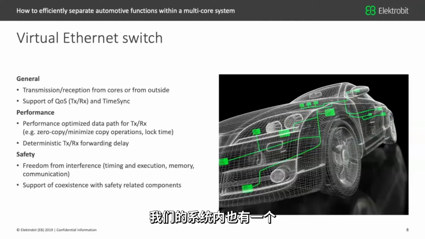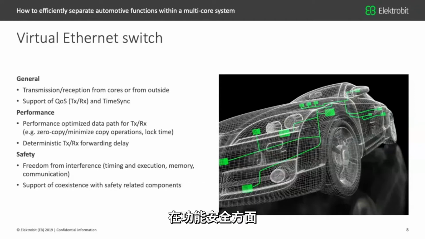We also have a deterministic transmit and receive delay within the system, because we can exactly have a FIFO basically and know that the delay is always the same for all messages.